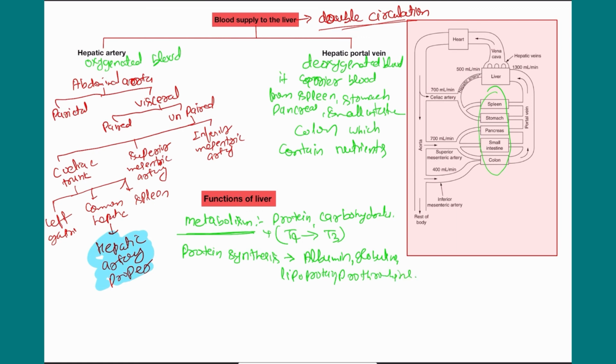These different proteins are synthesized by the liver, and the liver also helps in the production of bile juice. Production of bile, I already said, please learn this. Production of bile occurs in the liver, but concentration of the bile occurs in the gallbladder. Also production of cholesterol occurs in the liver. These are the functions, please learn this.